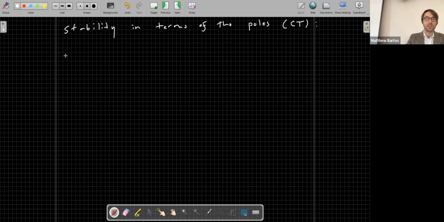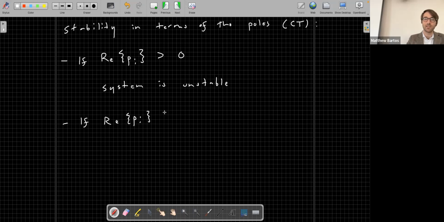If the real part of a pole p_i is greater than 0, the system is unstable. If the real part of the pole is less than 0, the system is stable.